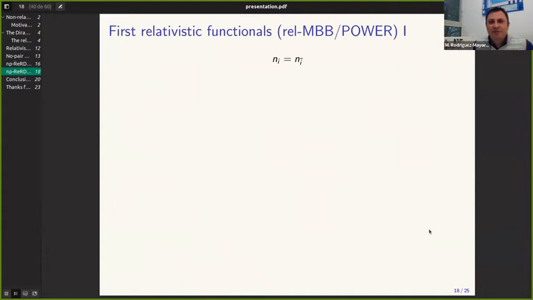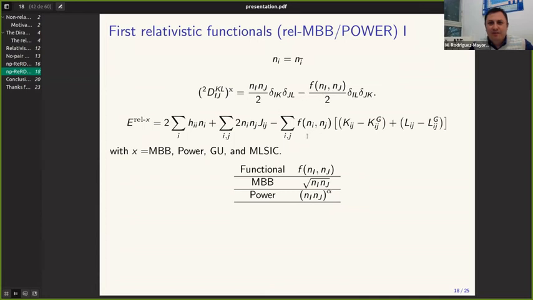So we could also build the relativistic version of the Mueller or the power functional or any of the JK-only approximations. To that end, we will just need to change what is in front of the exchange contribution. And then we would arrive at the relativistic version of the Mueller, the power, etc., functional approximations.